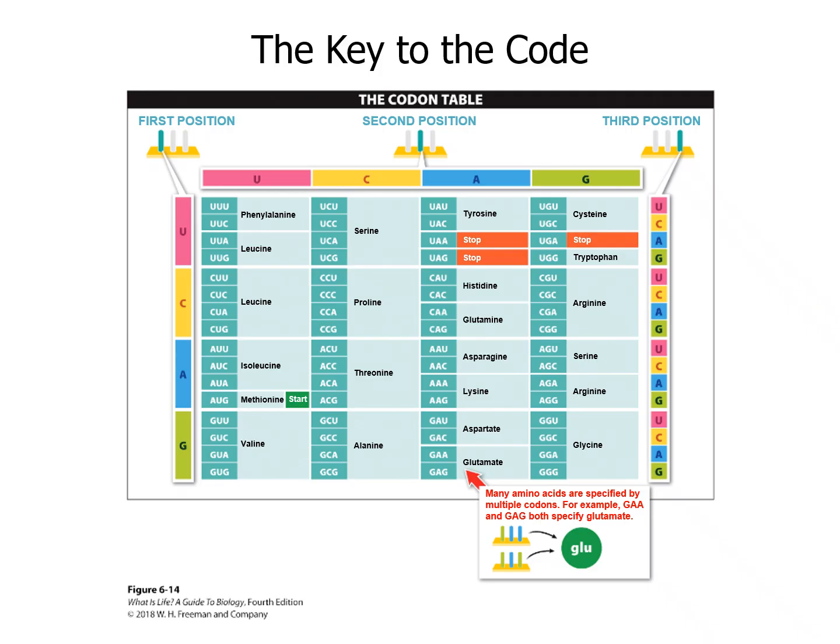So it's just a safety feature to have multiple codons code for the same amino acid. We will use this codon table in lab. You will not use it in lecture. It's just something I wanted to show you.